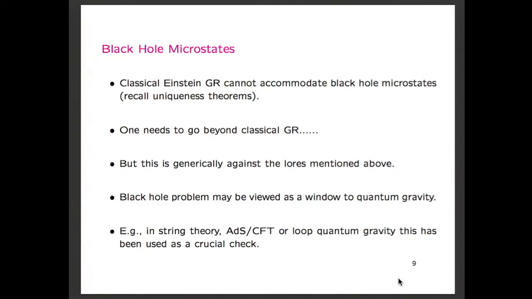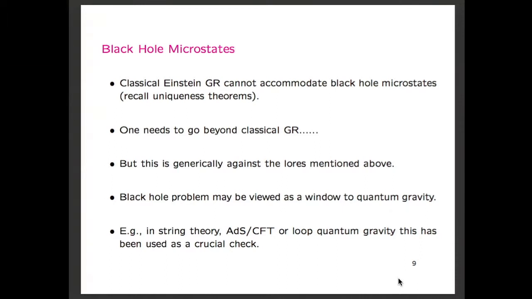But on the other hand, we know that standard classical GR, as I just reviewed, by the fact that we have these uniqueness theorems, is not going to give us the black hole microstates. And we need to go beyond classical GR. But I just discussed that probably we need not go all the way to the quantum gravity level.